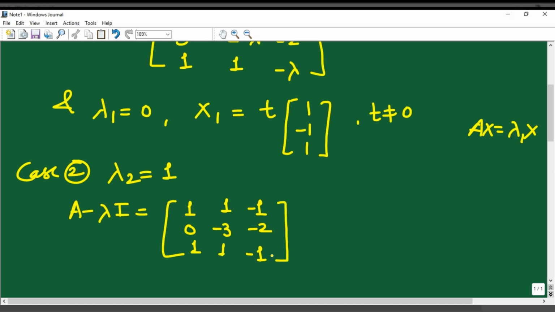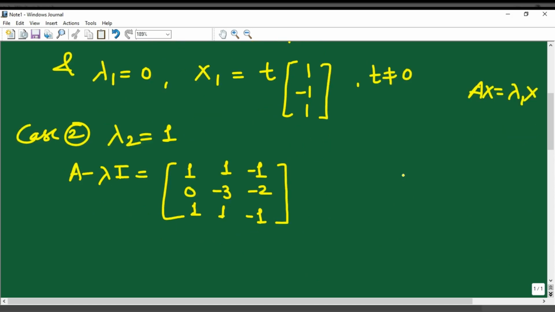And we are supposed to solve (A minus lambda I) x equal to 0.